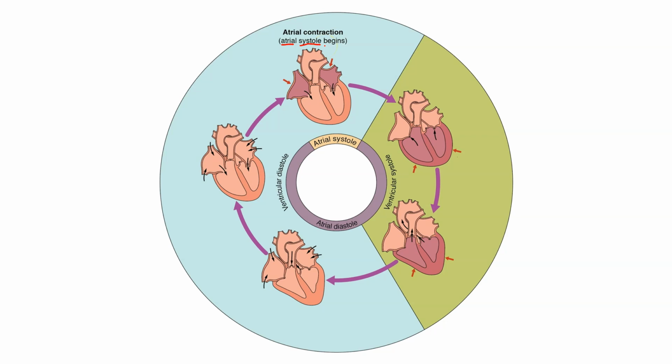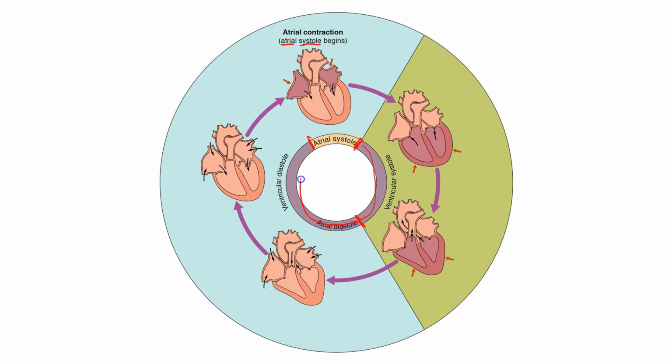The next thing that happens, and just so you're keeping an eye on it, we have atrial systole happening here, and then after that begins ventricular systole, so the ventricles contract, and then for a short while we have both atrial diastole and ventricular diastole, which is the relaxation of those chambers, but atrial diastole starts right here.